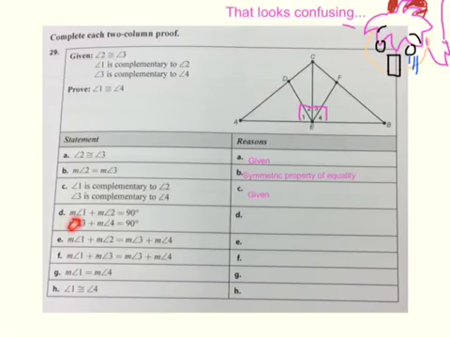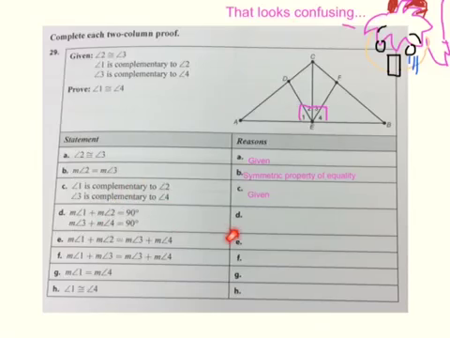So next up we have the measure of angle 1 plus the measure of angle 2 equals 90 degrees, and the measure of angle 3 plus the measure of angle 4 is 90 degrees, which is why it's complementary.